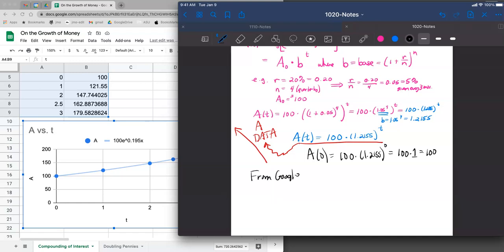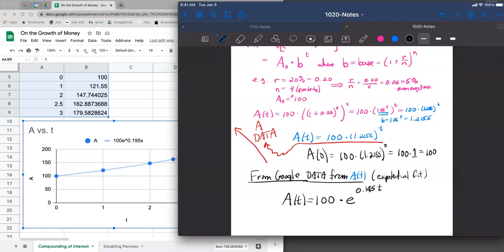We took the data from our exponential function A, and we asked for an exponential fit of that data. The answer we got was that A of t is equal to 100 times e to the 0.195 multiplied by t.